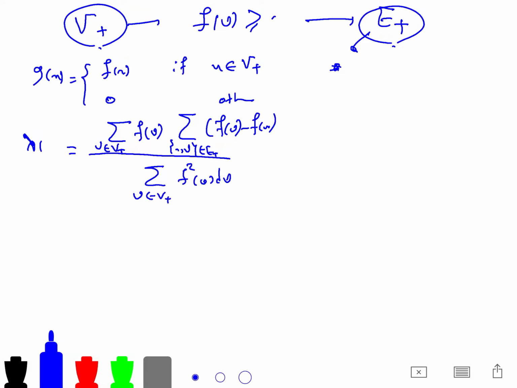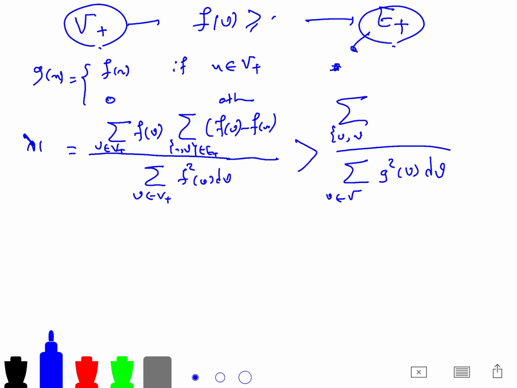And this is greater than, because we have limited our g. Most of the time g is just 0, so it is lower bounded; this fraction can't go down more than this.